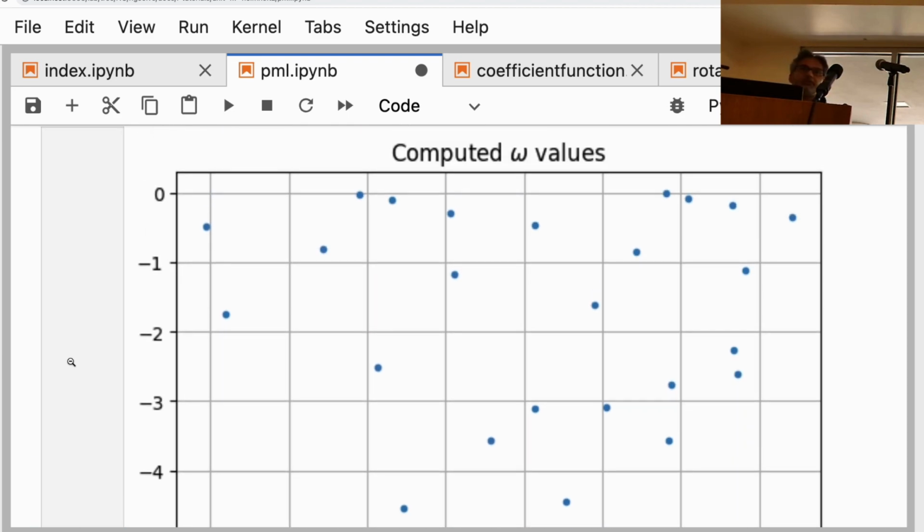Here are the eigenvalues, or the omega values, the resonance values that were computed by the Arnoldi solver in the complex plane. Some of them are very close to the real axis, while the others are all below the real axis. Okay, questions?